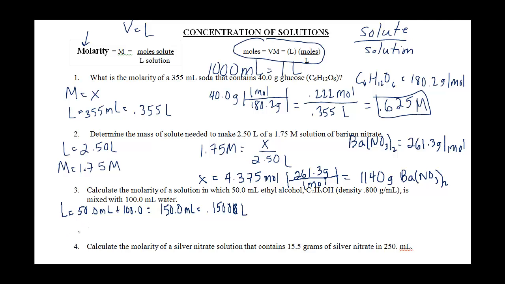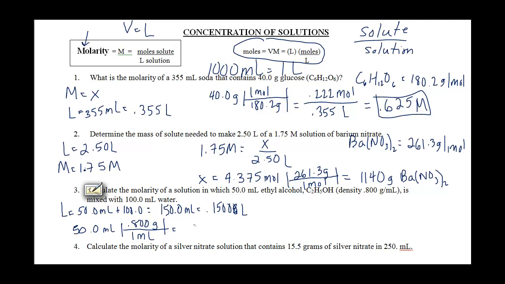Okay, now let's figure out how we're going to figure out the moles. Well, first we're going to have to figure out the grams. So if I have 50 milliliters, what do I know for its density? Well, 0.8 grams for every 1 milliliter. So by setting up density, and this is what we're doing in our head when it's just a 1-to-1, you're just multiplying, doing the dimensional analysis.